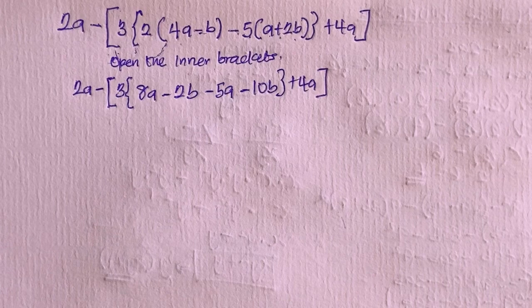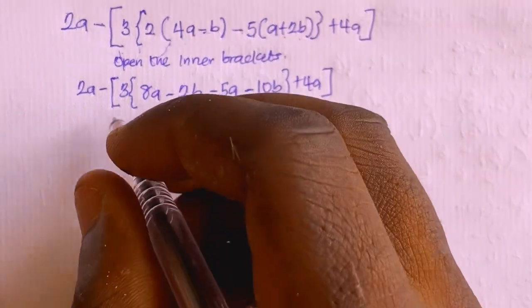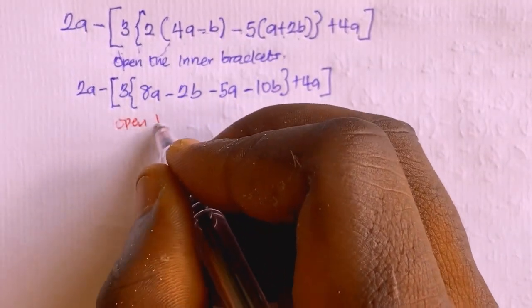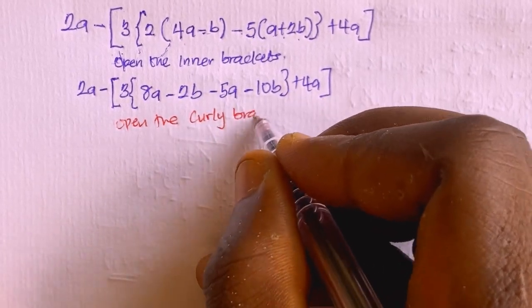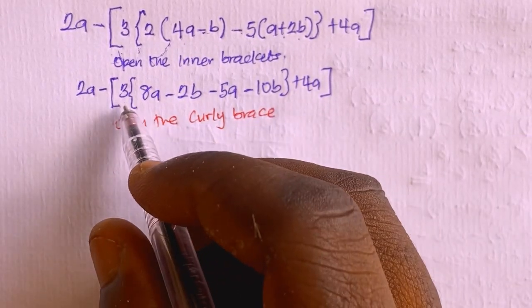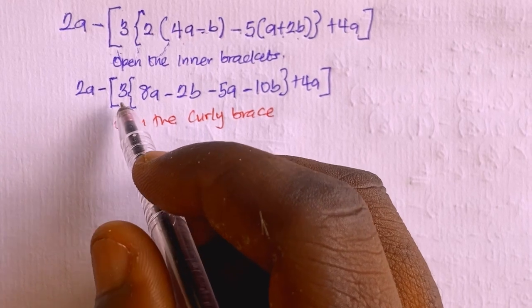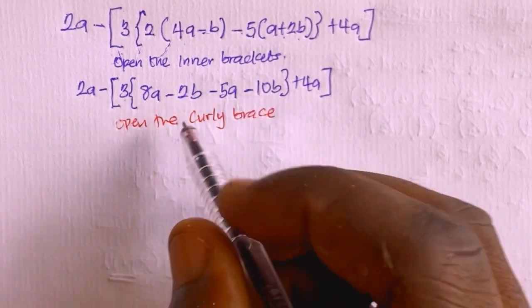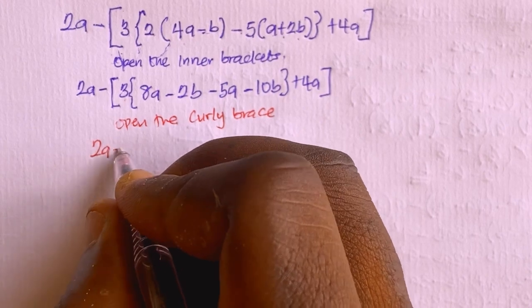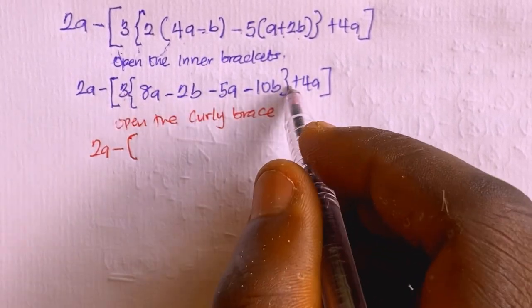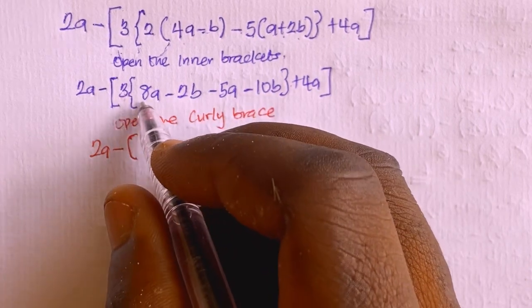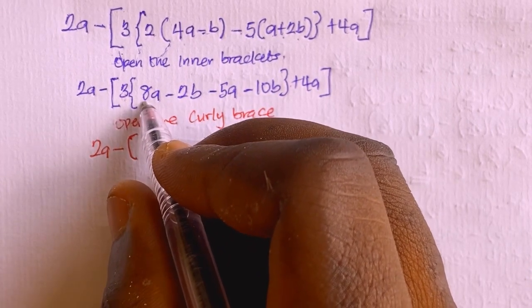So now in front of the curly brace, I'm going to open the curly brace. I'm going to use this 3 to open it now. I'm going to have 2a, then minus. I can now open a normal bracket here because I want to open this stuff. So here I'm having 3 multiplied by 8, and that should give me 24a, right?